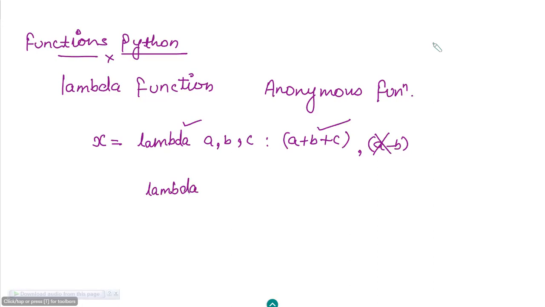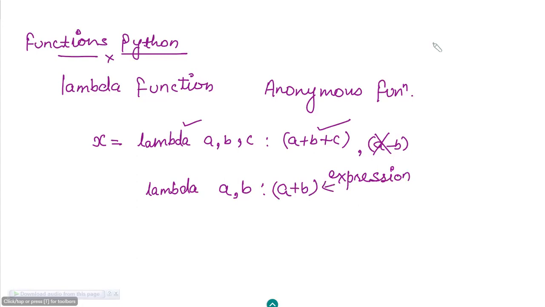Only two values, right? So we will pass two variables, with only one expression, a plus b. This is the expression. You cannot pass more than one expression in a lambda function.